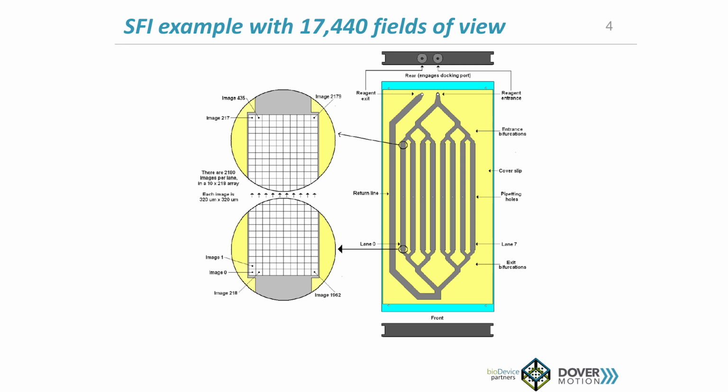In the slide we're advancing to, you can see a flow cell where the individual fields of view, there's 10 across each lane and 218 down the lane for a total of 2,180 images per lane. There are 8 lanes, so there's a total of 17,440 fields of view here. So clearly there's an impetus to move quickly.